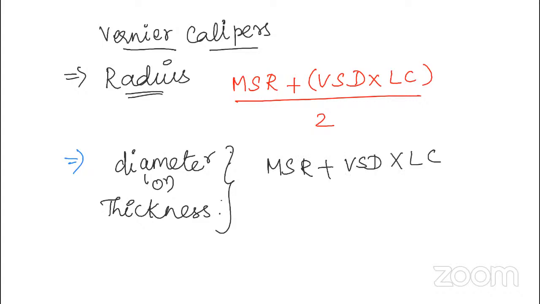If they ask for the radius value, we have to divide by 2, or otherwise it is the diameter. So this is the formula for calculating the radius and diameter or thickness of the given sample in a vernier calipers. This formula is only for vernier calipers; for screw gauge it will differ.